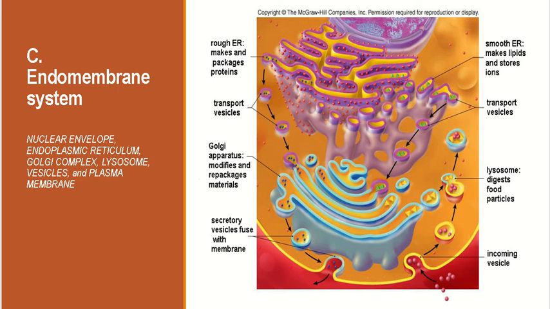Other members of the endomembrane system are the endoplasmic reticulum, be it the rough or smooth ER, the Golgi complex, the lysosome, the plasma membrane, and of course vesicles connecting the different members of the endomembrane system. As a whole, they form an integrated network of membranes and compartments.